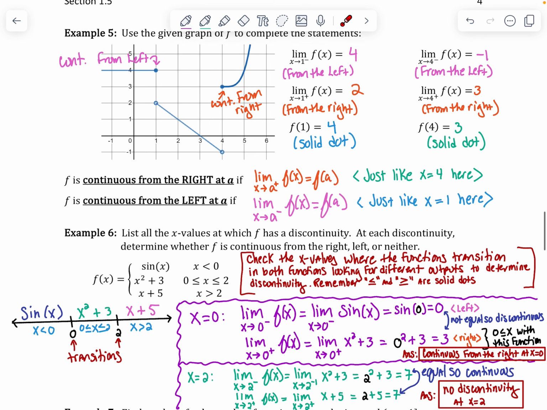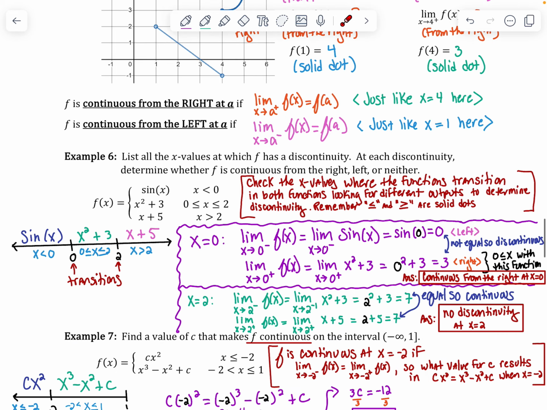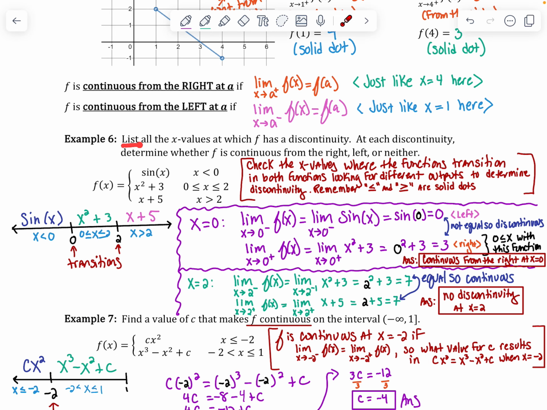Now, what we looked at up above is a form of a piecewise function. This is a different piecewise function than visualized from up above, but we're going to use that same concept to solve this problem. The question reads, list all x values at which f has discontinuity, but at each discontinuity, determine whether f is continuous from the right, left, or neither.